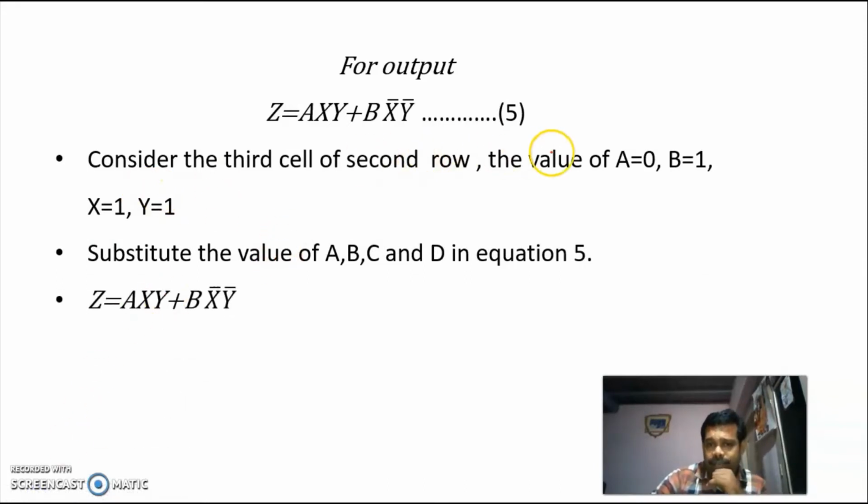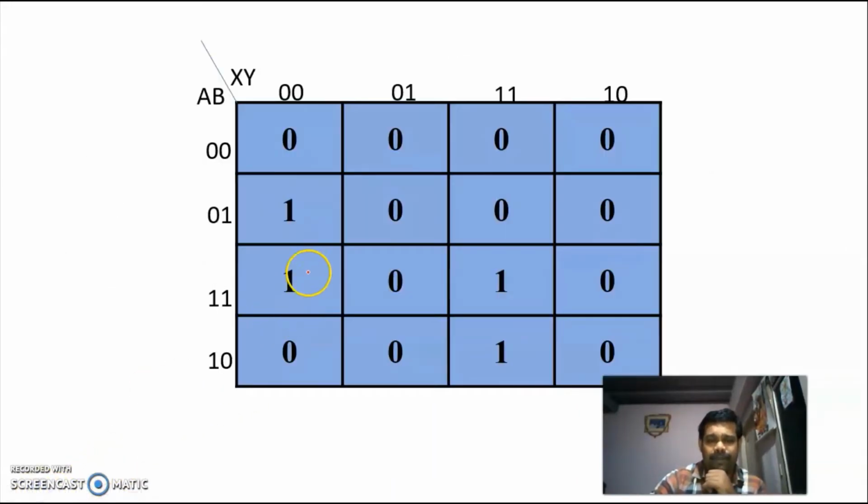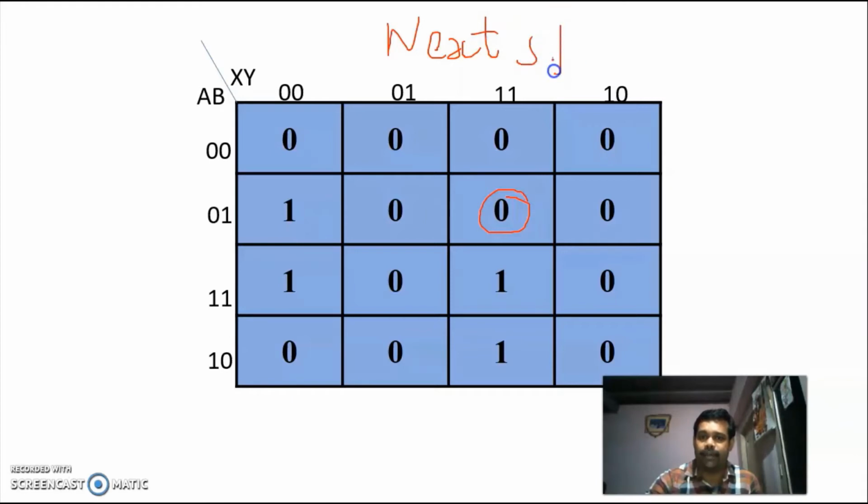From the next state map, we are taking the third cell of the second row and substituting, and we are getting it as 0. That is the third cell of the second row. We are getting 0. This is the next state map for output.